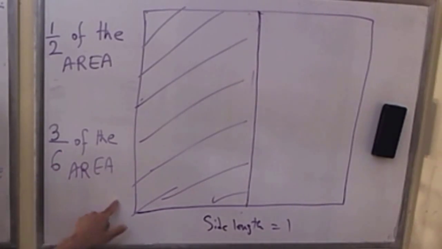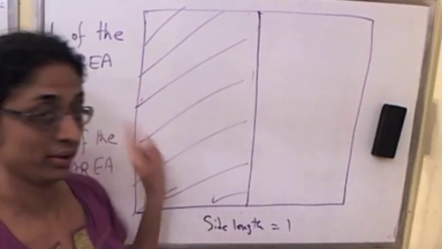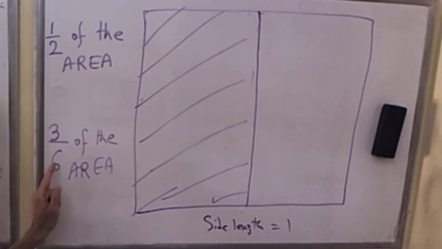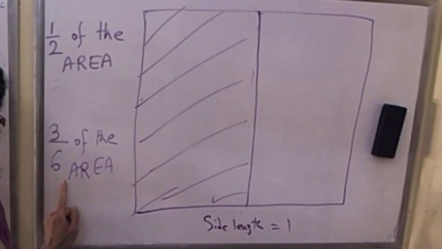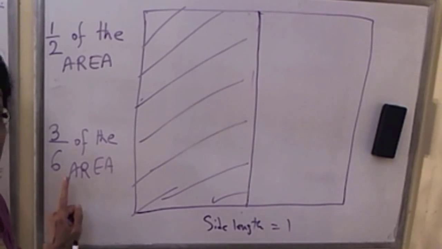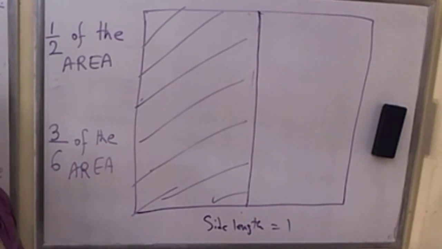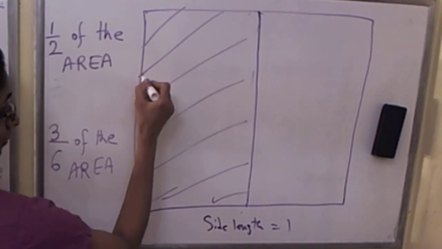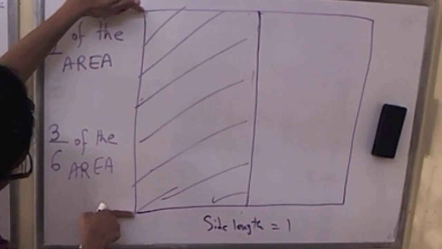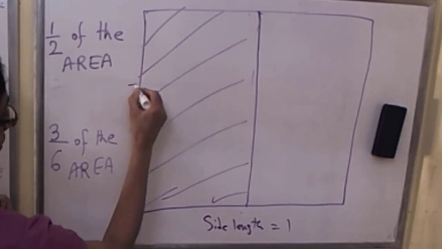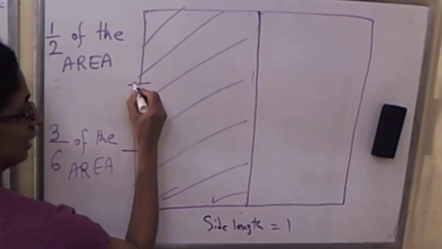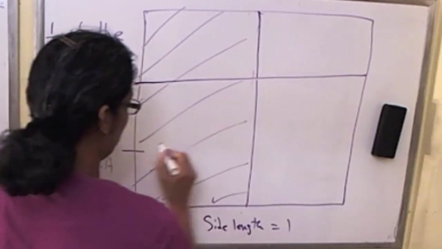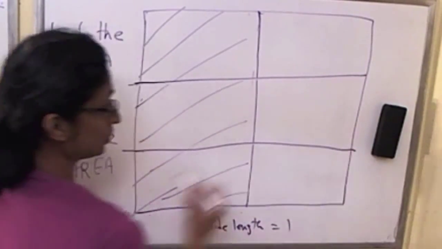That means we must take the square and cut it up into 6 equal pieces, where equal means equal by area. There are many ways of doing it, and how about if we pick it this way? I will now make 3 cuts. Take this length and cut it into 3 equal pieces, and I'll use that line and go this way.